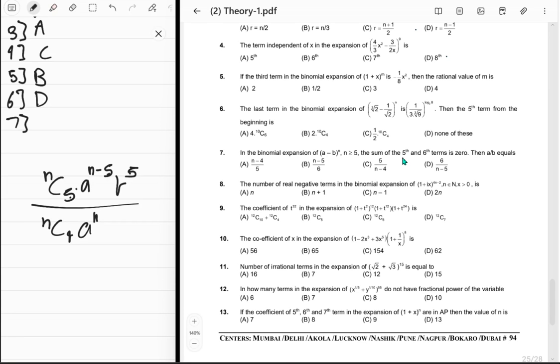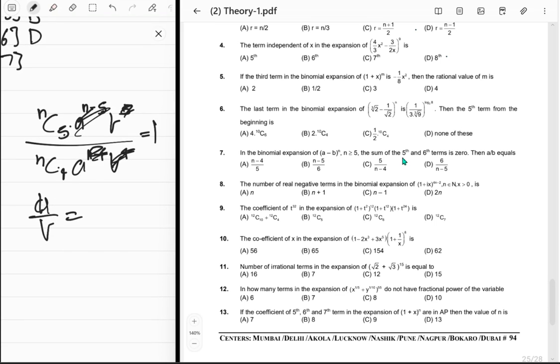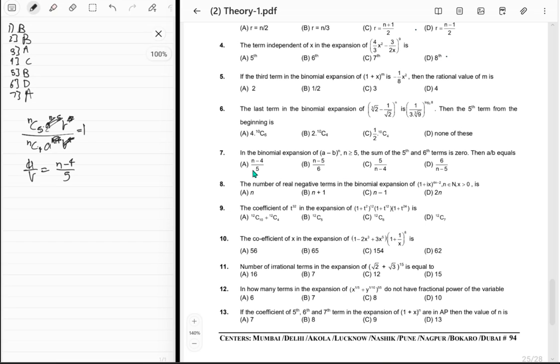A power n minus 4 and then b power 4, that thing has to be 1. That's what you're saying. So this whole thing is going to be a, and this thing is going to be b, and then nc5. Yeah, like a upon b is just going to be nc5 upon nc4, which is n minus the smaller number, n minus 4 upon the bigger number, which is just 5. So that's what we're looking for when we say a upon b. So n minus 4 upon 5, which is a. 7th, a. Next, 8th.